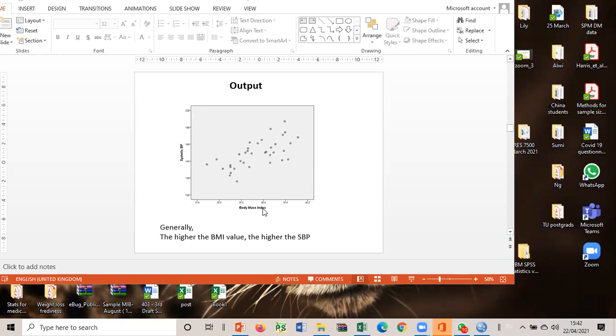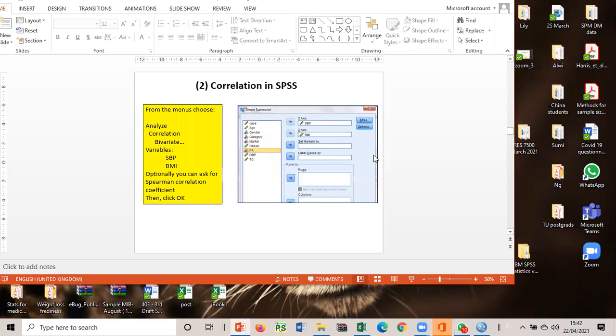Right, this is BMI. The higher the BMI, the higher the SBP. Is there a pattern? Is there a positive pattern? Yeah, I can see the line. Next question, is it strong or weak?